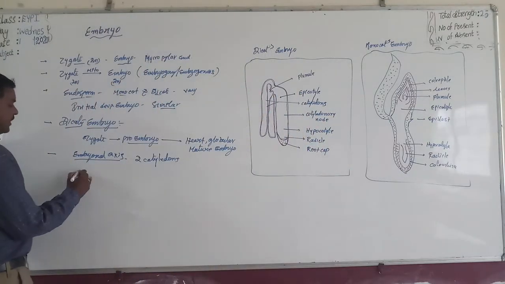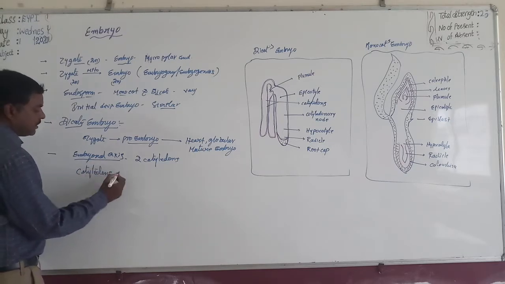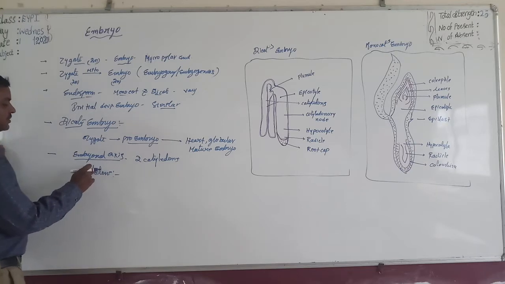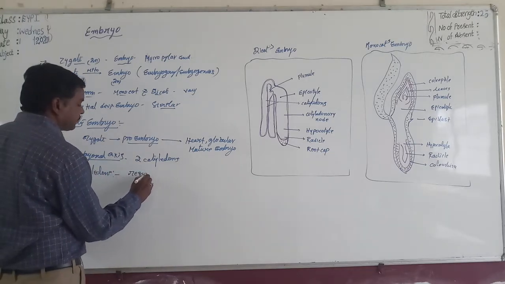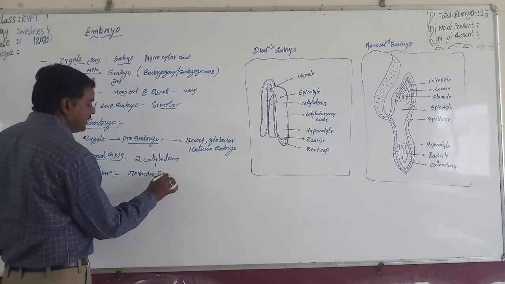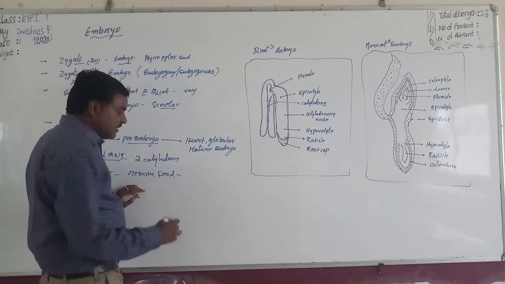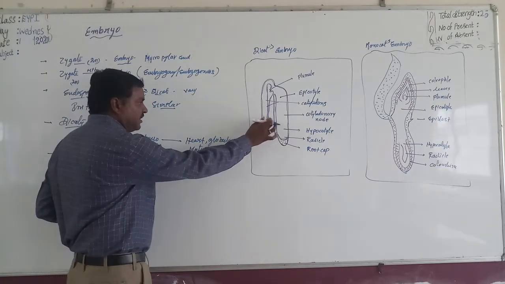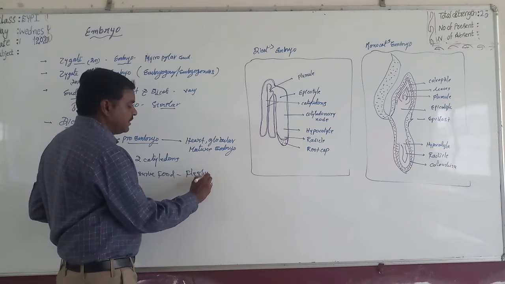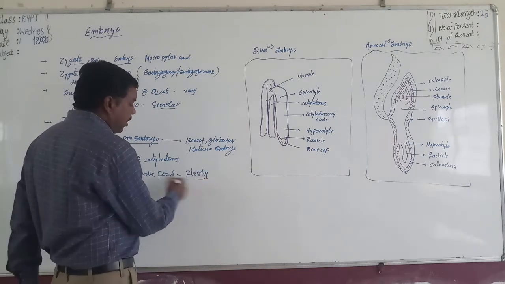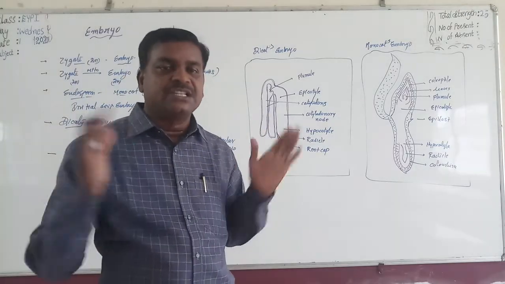Actually, these two cotyledons are the site of reserve food material. They store some amount of food material. Due to the storage of food material, the cotyledons of dicots are very fleshy.